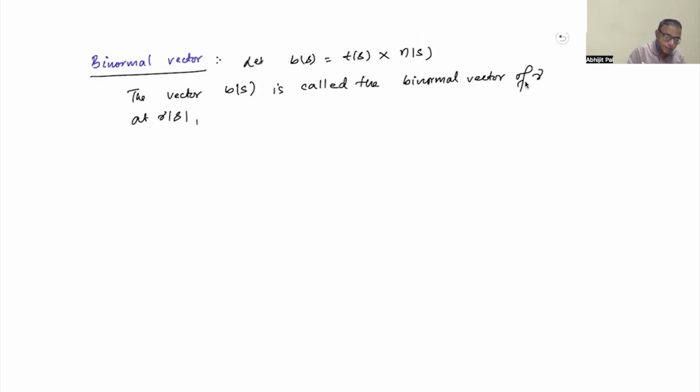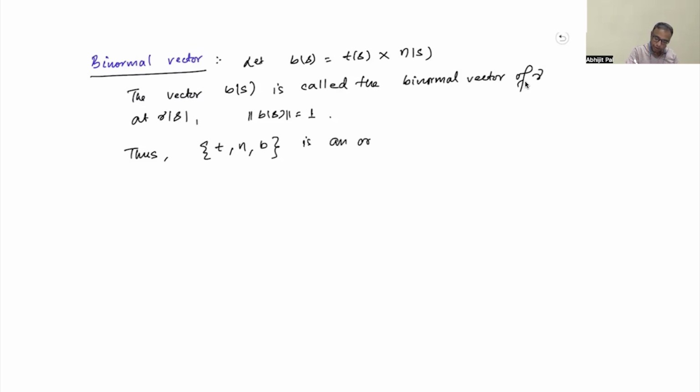Because the tangent vector and the normal vector we have taken are unit vectors, the vector product will also be a unit vector. Thus, the tangent vector, normal vector, and binormal vector form an orthonormal basis of R3.